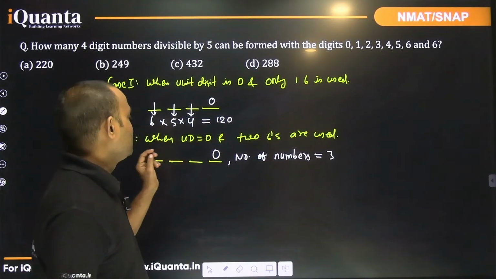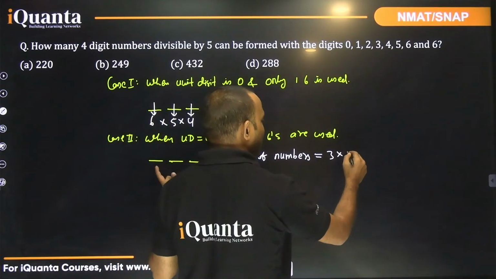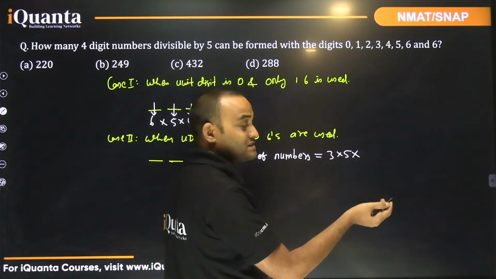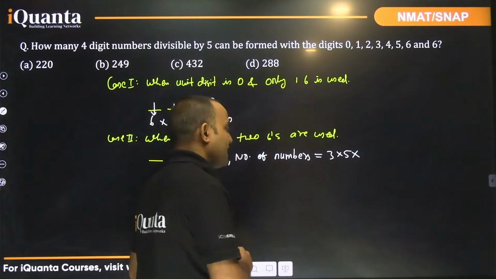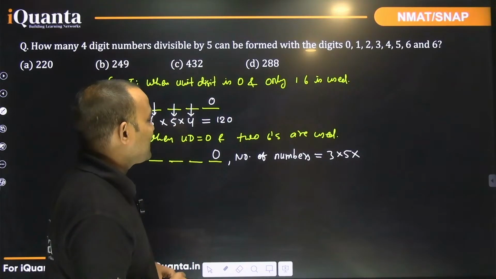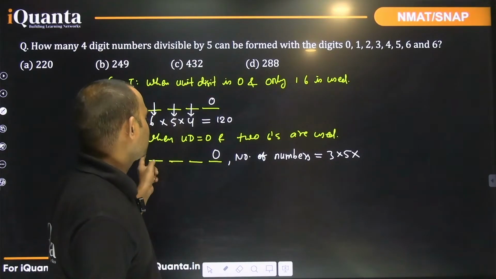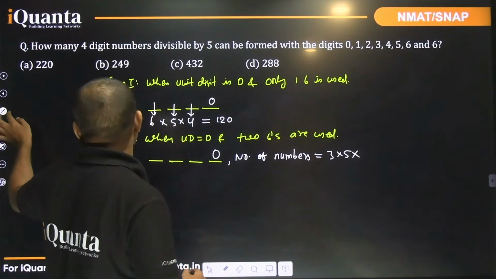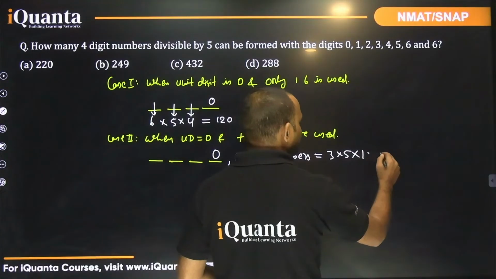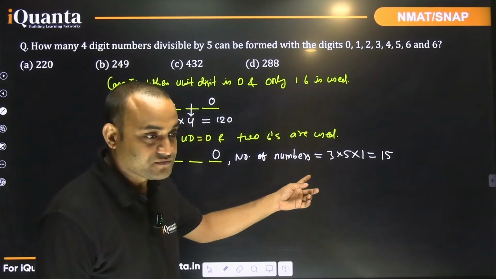So 3 into, now any of the 5 digits can be used, right? 3 into 5, which is equal to 15. Tell me, is this clear to everyone?